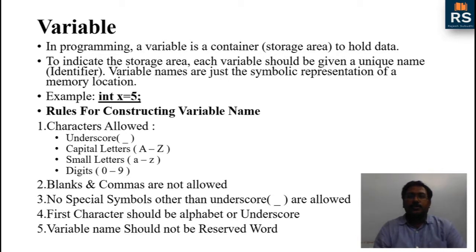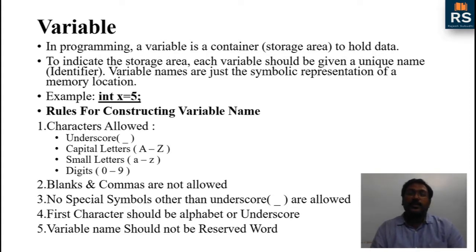So x is a variable of integer type. That means x can store any integer value in it. 5 is an integer value, and it can keep the value 5 in the storage area named x in memory.